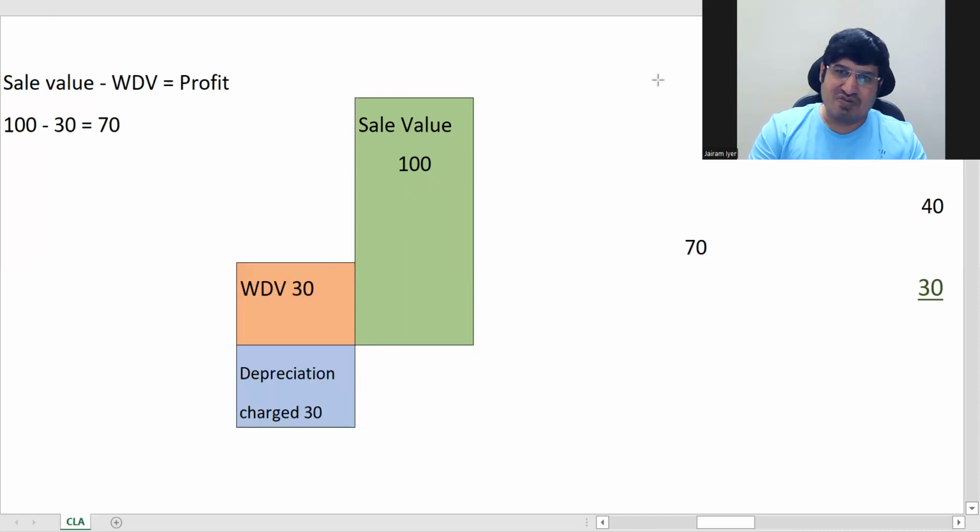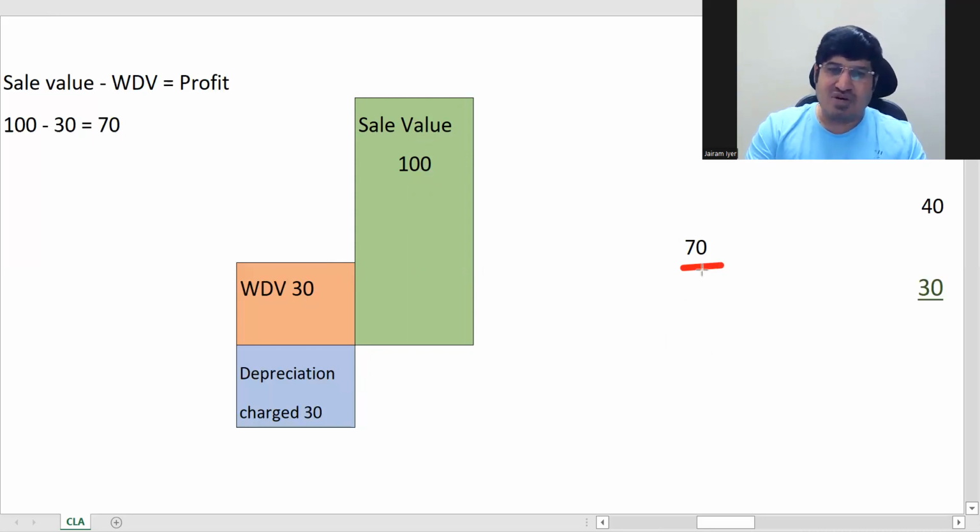So 100 minus 30 is his profit. This becomes the first step, that is 70. Normally this would be charged to tax as capital gain, because it is a capital asset which has been sold.